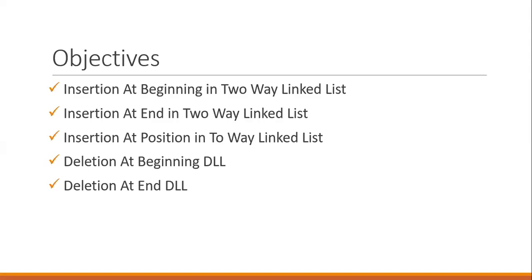Now whenever you are talking about a two-way linked list, whether you insert, delete, or do anything, when we talked about a single linked list, we were more concerned about how the next pointer is going to be managed. If you're inserting something into the beginning, then you have to check the positions of your next pointer and your begin node. Here in a two-way linked list, everything is going to be easy, because first of all you have a begin node and an end node.